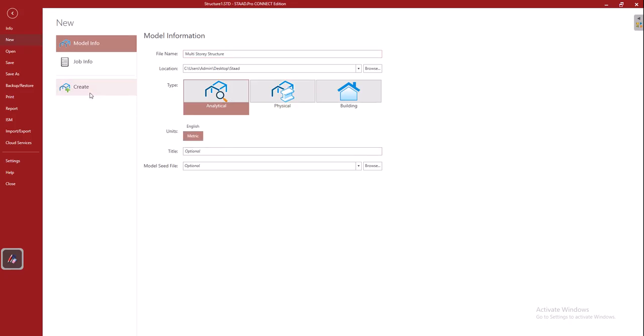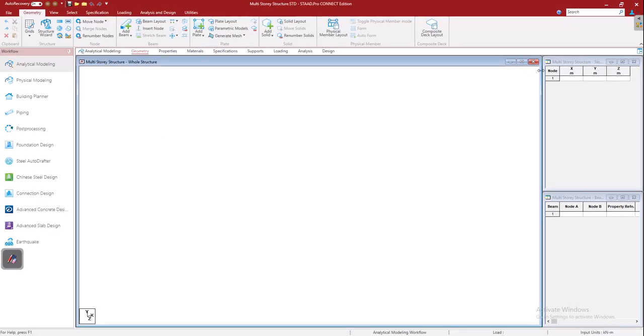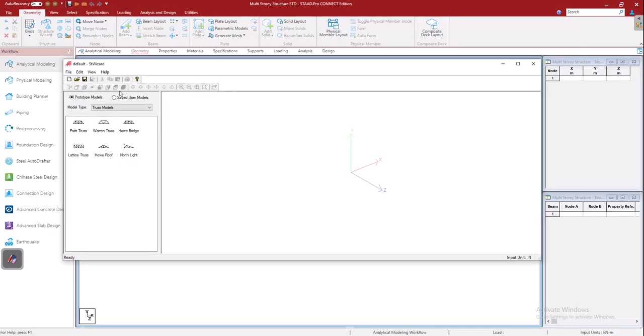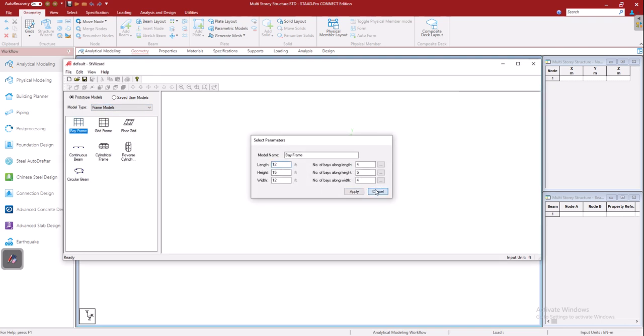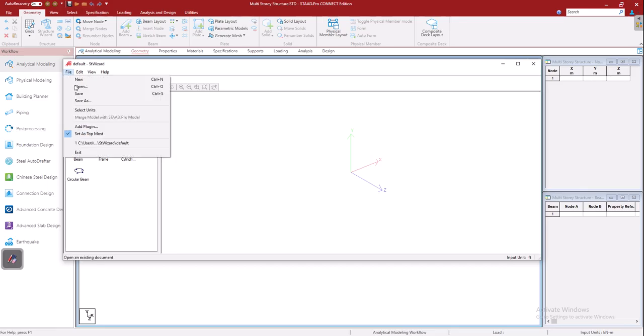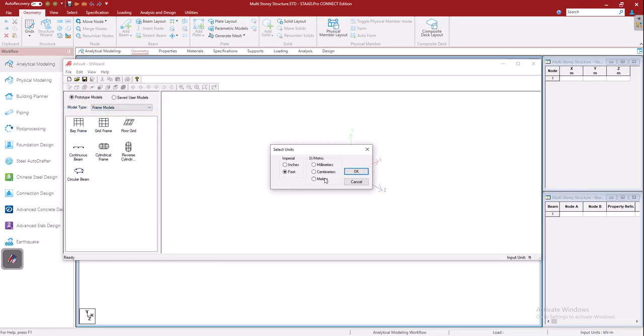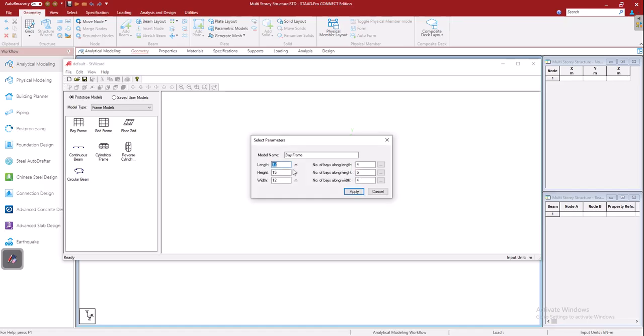Then I am going to create the structure. While creating this, I would like to take the structural wizard, since the dimensions are in a symmetric way. For frame structures, you can see the length is in feet, so I need to change this to meters, and then I can enter.